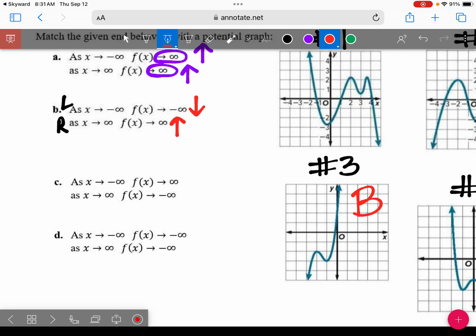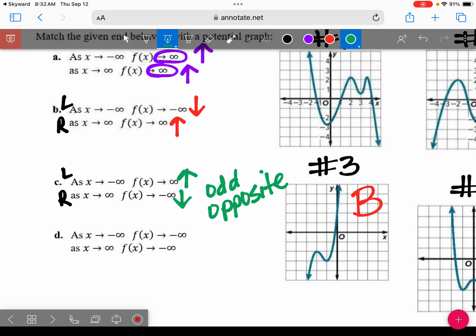All right, now let's look at C. For question C, on the left side, notice how it says it approaches positive infinity. So that means the left side goes up. The right side goes down. And I know this is odd because it's opposite.